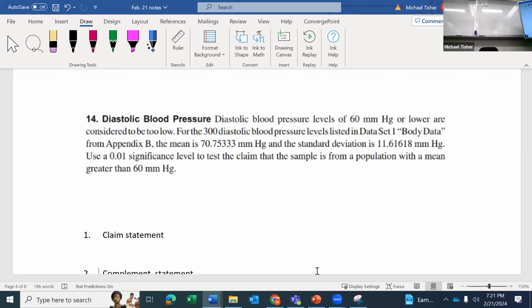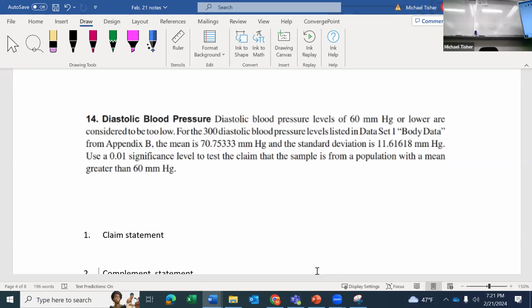Have you found data? No, you see zero. That's a good thing. So stat, and then go to T-stats. So if we're doing a claim about a mean, always choose T-stats. And then we'll do one sample. If we have the data, we would choose with data.